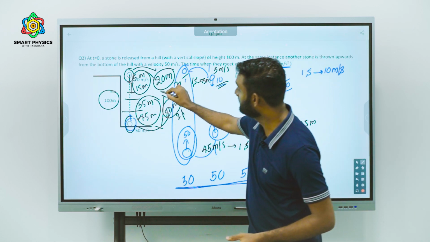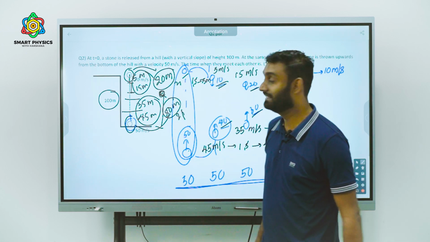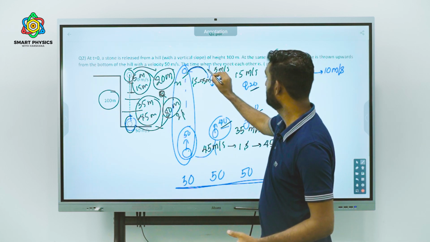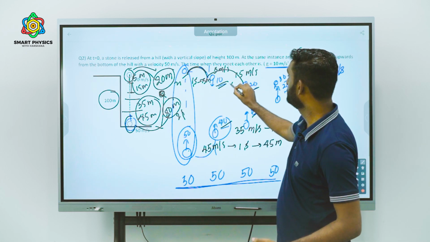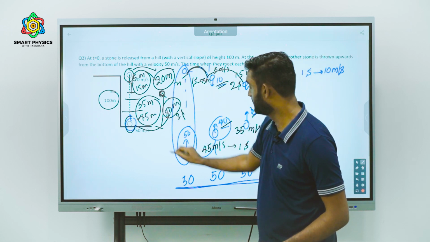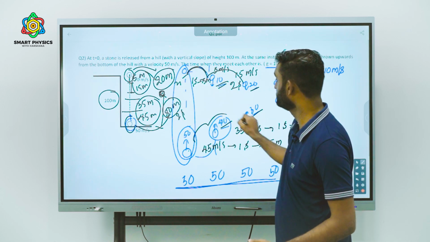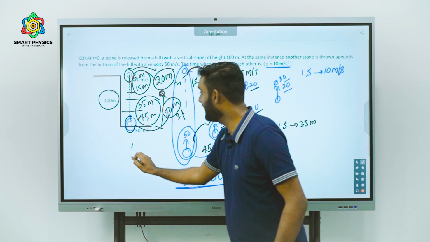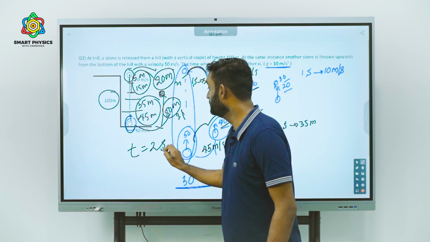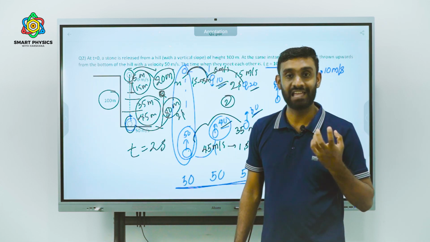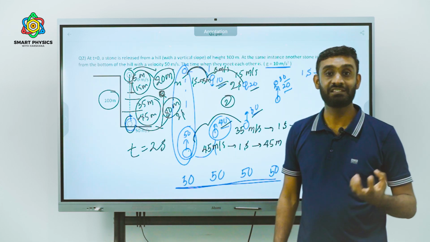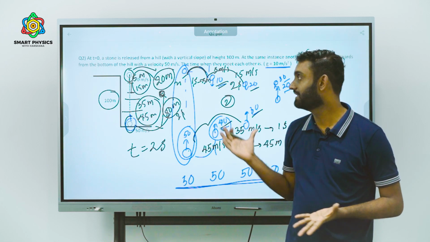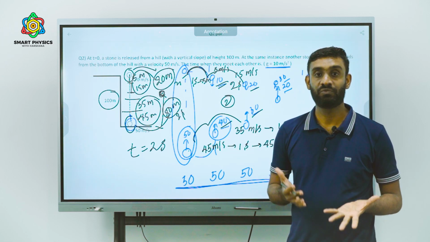Then the collision occurred here, after 2 seconds of motion. Collision occurred at 2 seconds. You have to analyze like that to get the answer as a review. This is the answer and this is the review for this question.